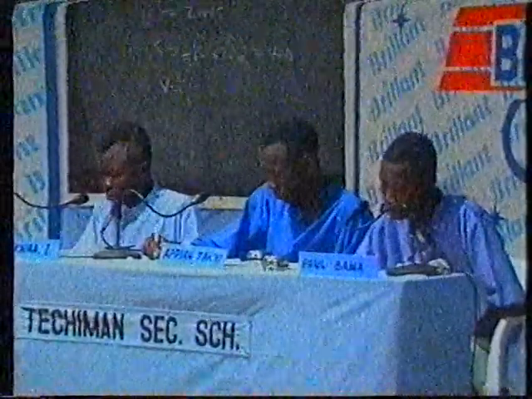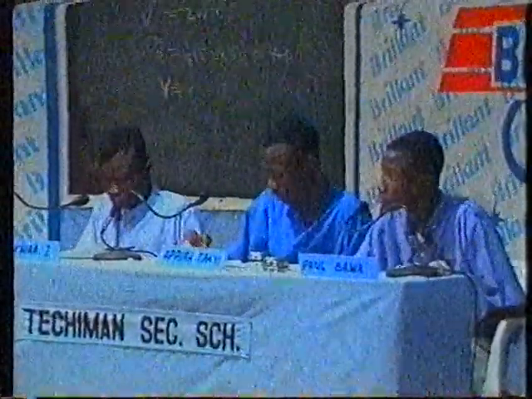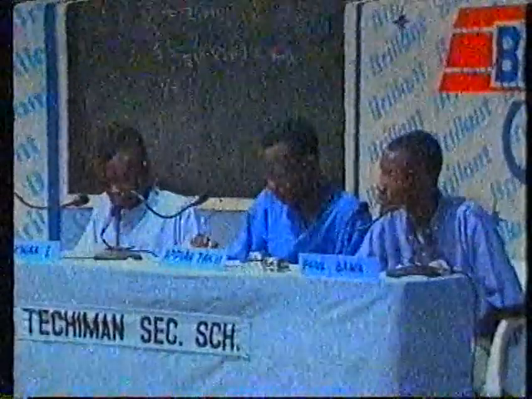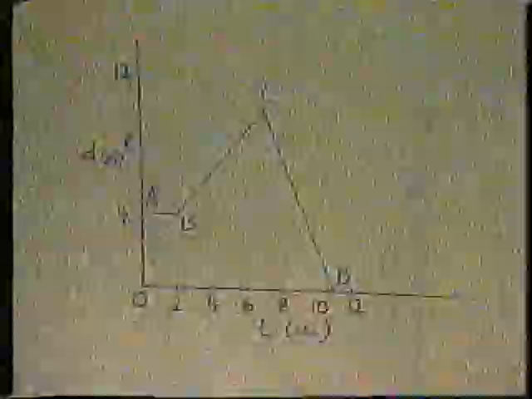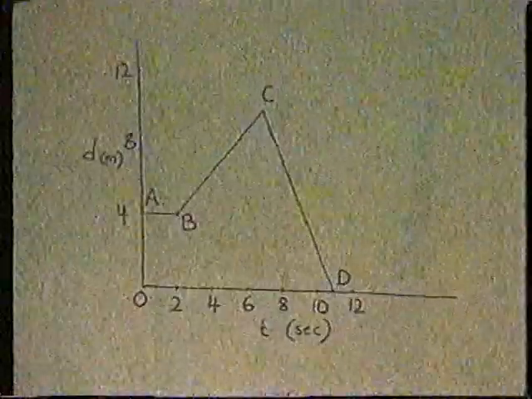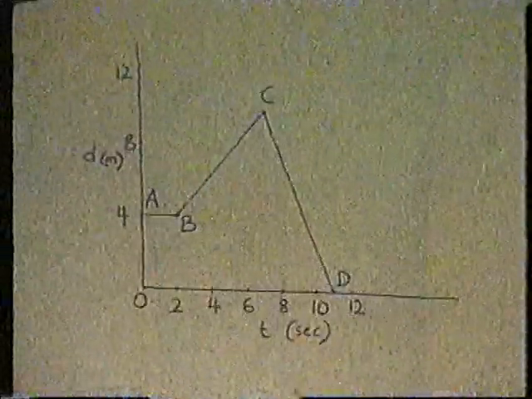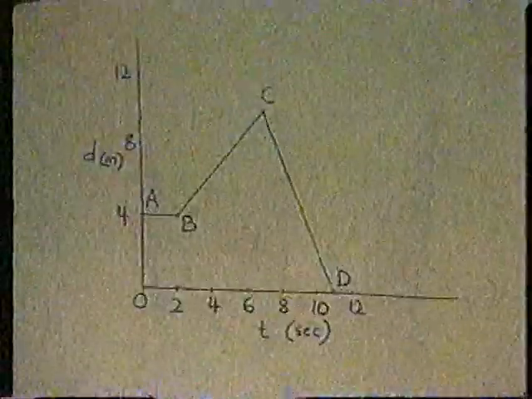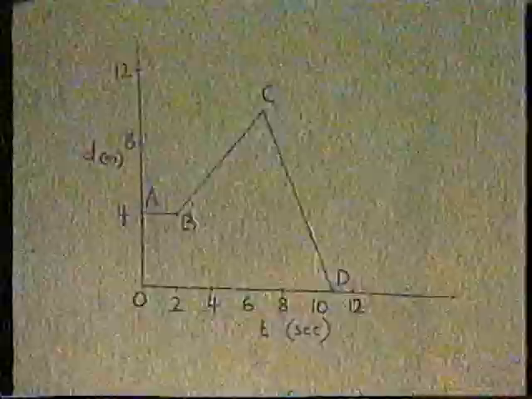They were also to calculate the object's velocity during that period. Velocity is displacement over time. The time was 2 seconds, the displacement was 0. So 0 over 2 is also 0. So for A, the displacement is 0 and the velocity is 0.